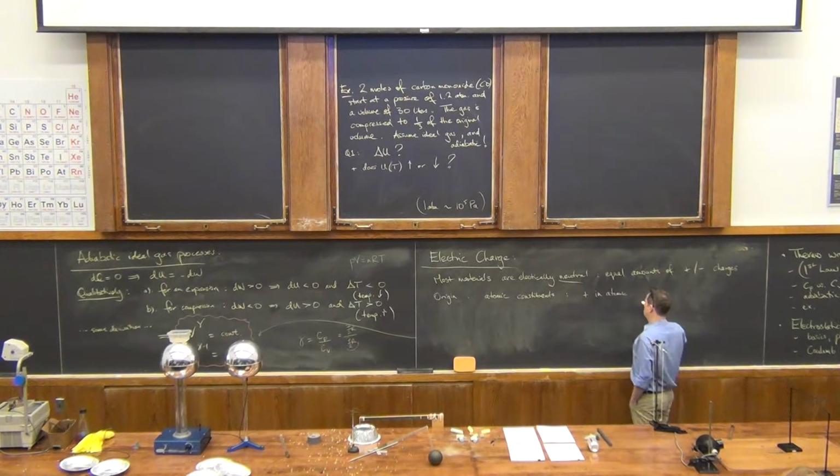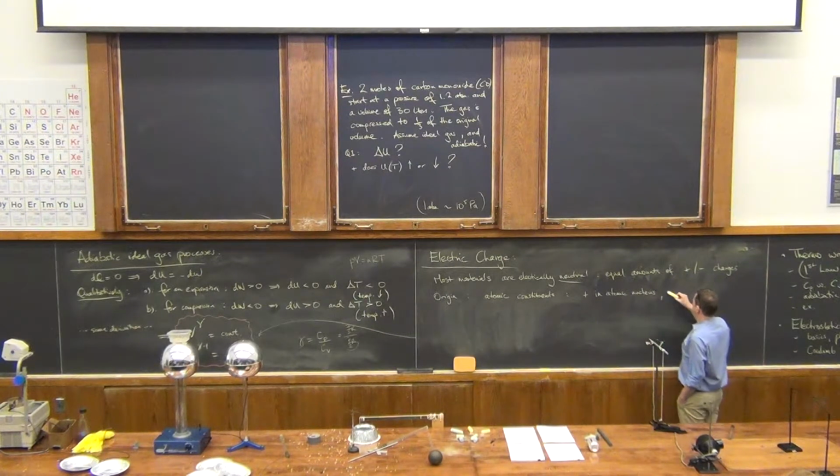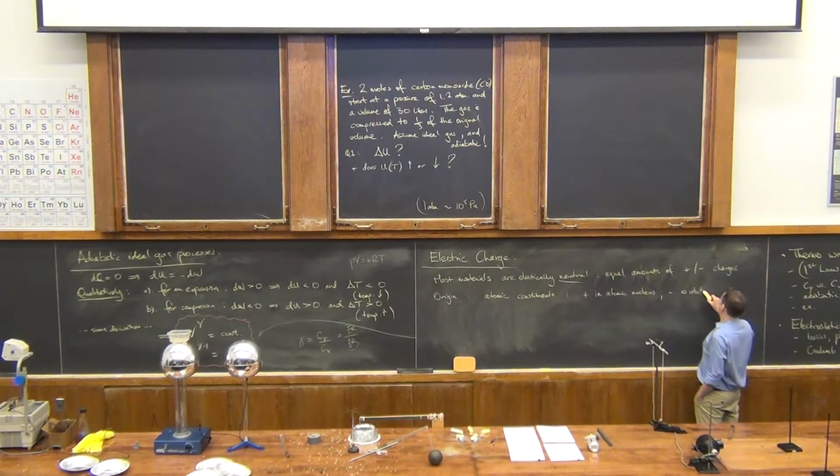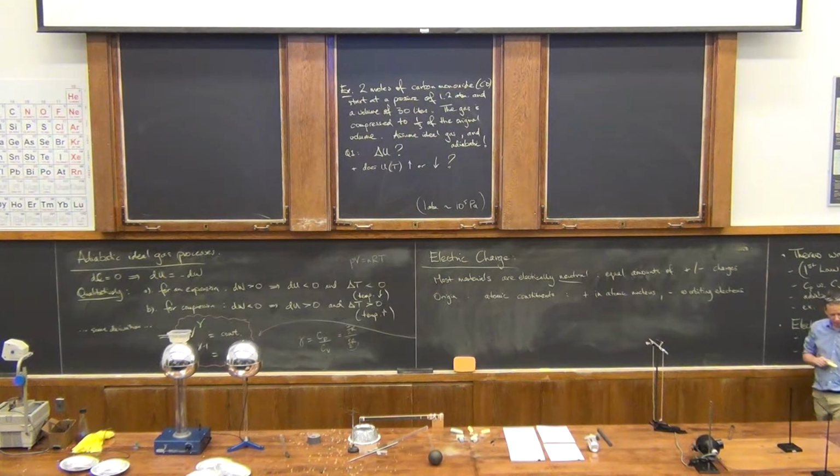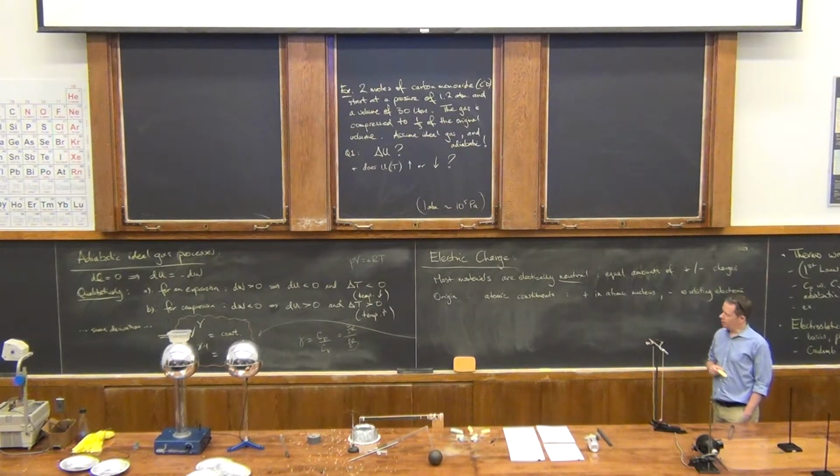Quite how doesn't matter just yet. And negative in what we now identify as orbiting other things. Here I'm actually going to use a technical word: electrons. So that's where we now understand that these charge constituents come from.